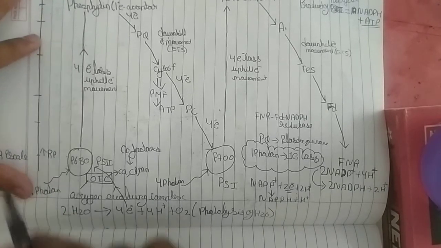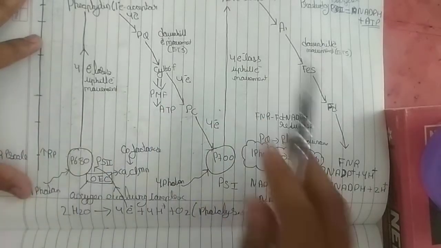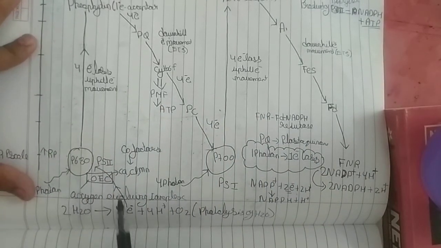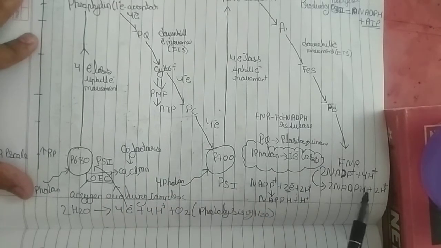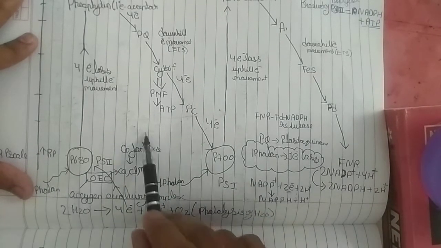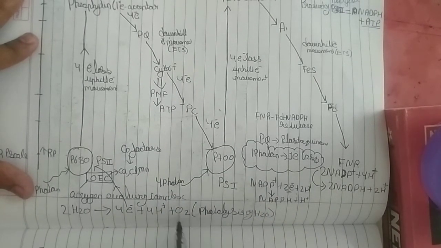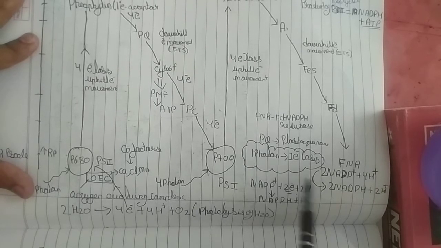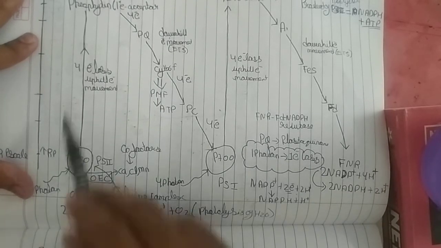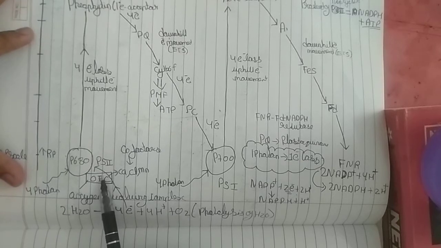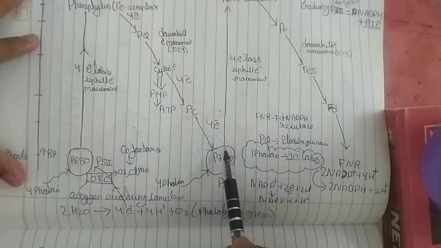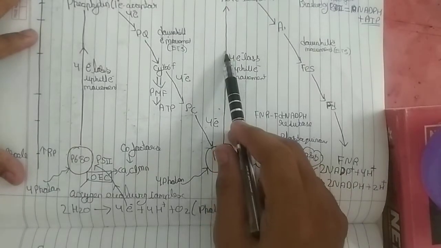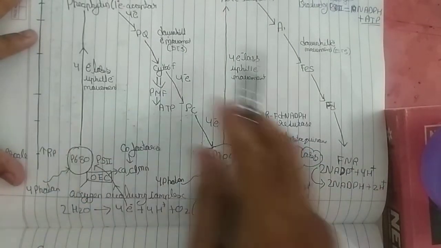So the overall outcome of this non-cyclic photophosphorylation is that it gives ATP, 2 NADPH, as well as 1 molecule of O2. Now, if the photons are not provided here, electrons will not be excited, and these reactions stop.